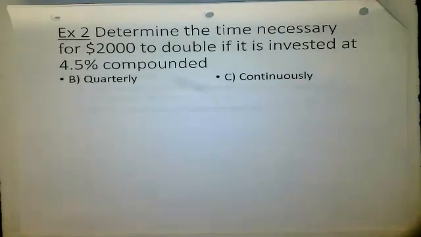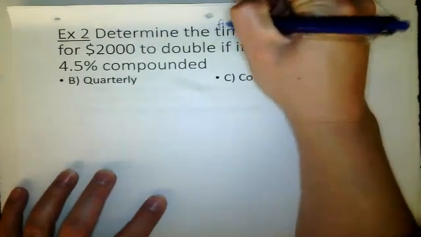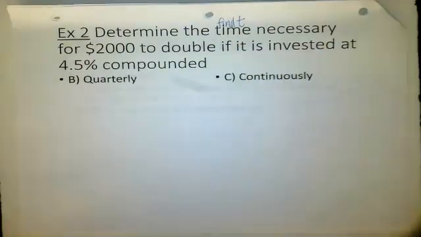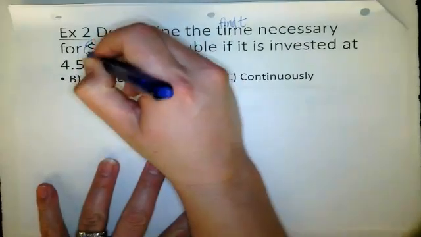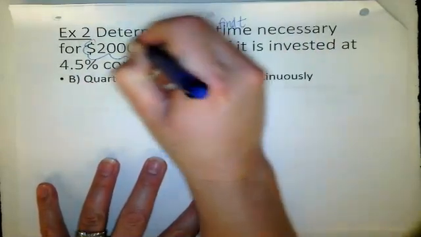Example 2, determine the time. Find the time. That's our directive there. Find t. We are solving for t. Find the time necessary for $2,000 to double. That's interesting. What does that mean, $2,000 to double?